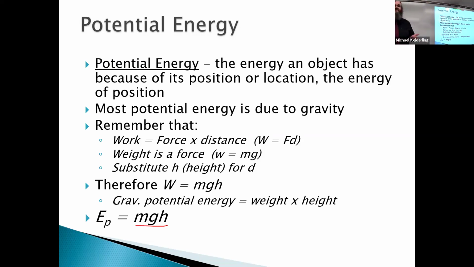But there's also potential energy in springs and other things. There's electrical potential energy and all kinds of other things like that. But in this class, we're going to focus on just gravity. Work is force times distance. So weight is a force, mg.